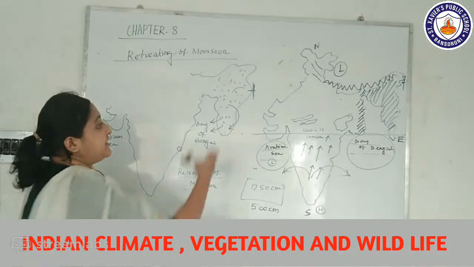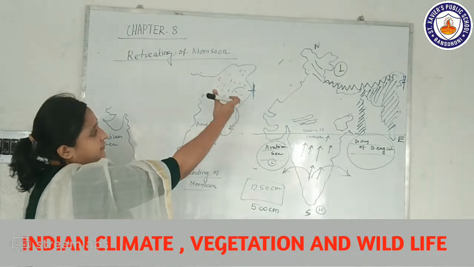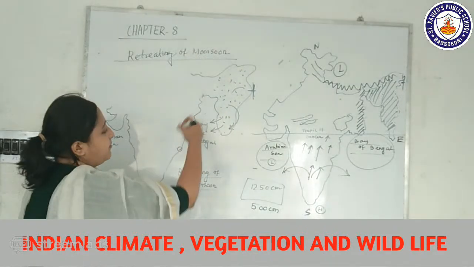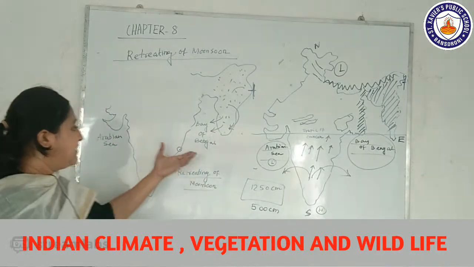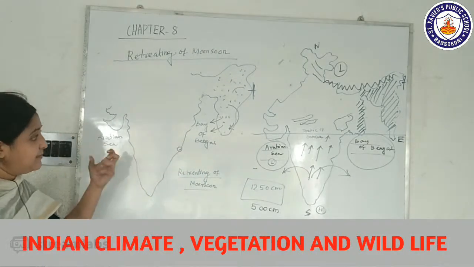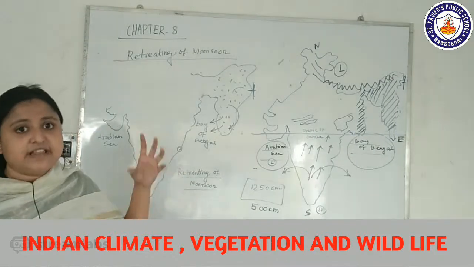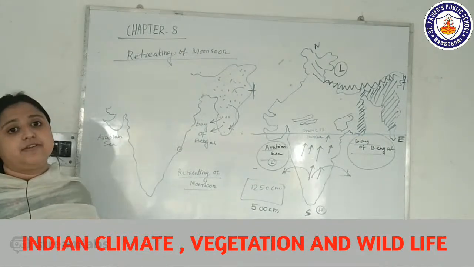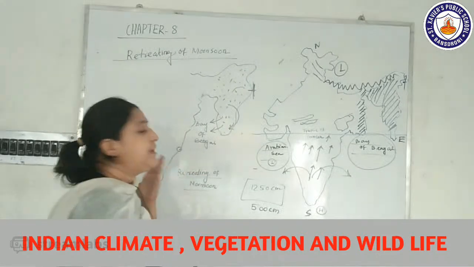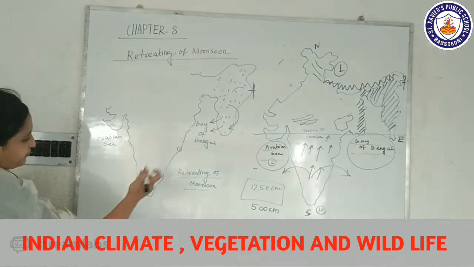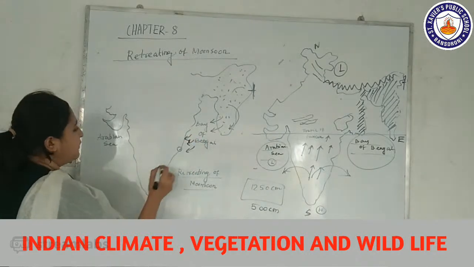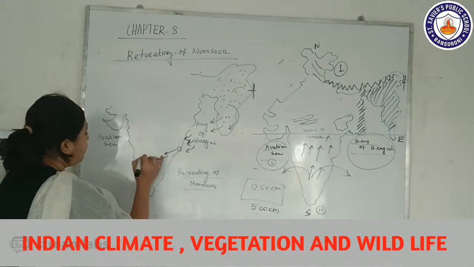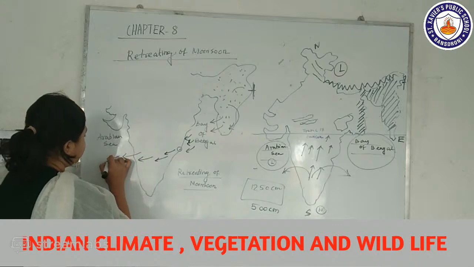The wind retreats from the northeastern part, gets enough moisture over the Bay of Bengal, becomes more powerful, and precipitation happens over the Coromandel coast in Tamil Nadu. So that's why Tamil Nadu receives winter rainfall between November and December, right? After the precipitation, the wind has no power and gets back to its original place.